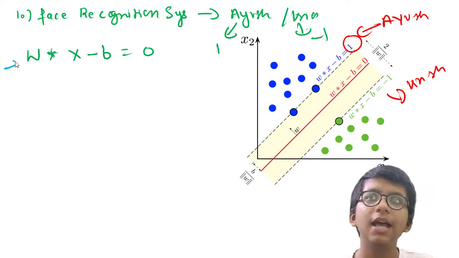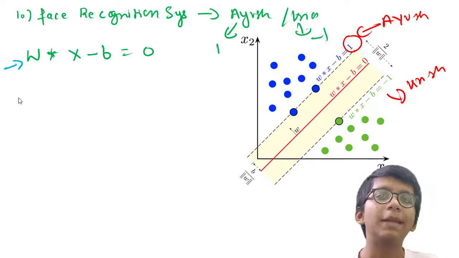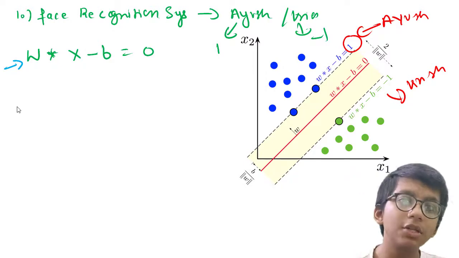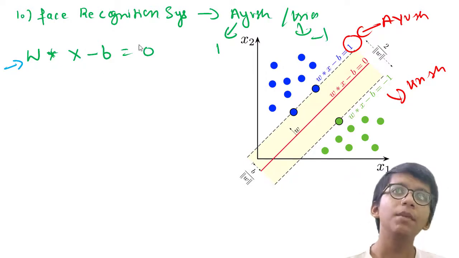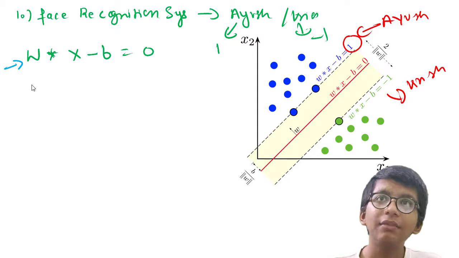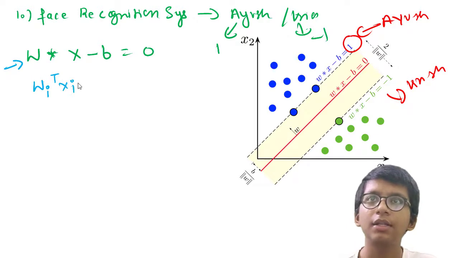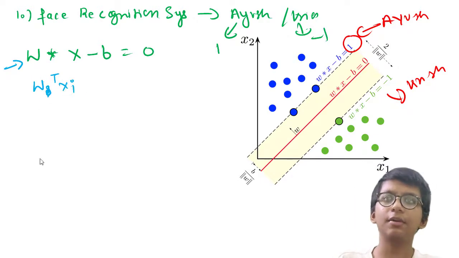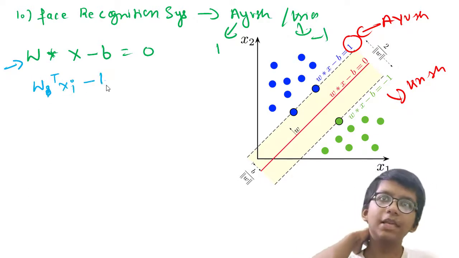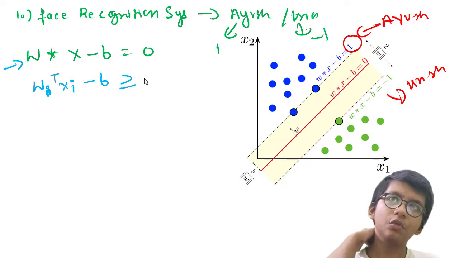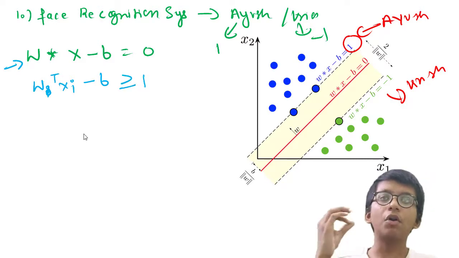Now it's time for making predictions. How do you make a prediction in classification? Here you set a condition: W transpose Xi minus B is greater than or equal to 1 for all i.